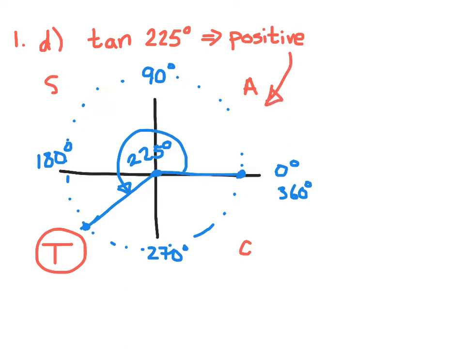Also, what's the related acute angle? Well, if you draw the triangle that this forms inside here, the 90-degree triangle is always drawn up into the x-axis. This little bit right here, how much is that? Well, that little bit right there is actually 45 degrees. How do I know that's 45 degrees? Because I know that from here all the way to here is 225.